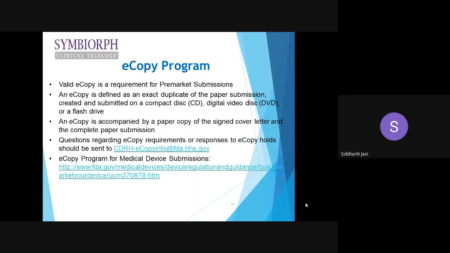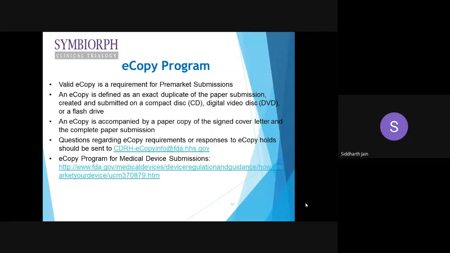The e-copy program says that a valid e-copy is a requirement for premarket submissions. A CD, a digital video disc, or a flash drive can be submitted. The e-copy is accompanied by a paper copy and a signed cover letter as the complete paper submission.